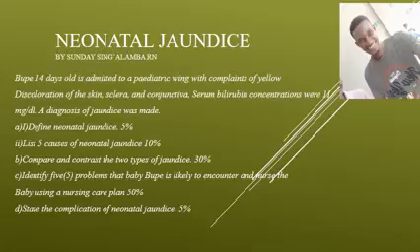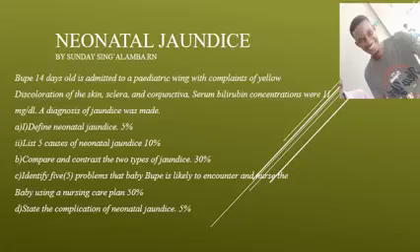We know that the conjugation of bilirubin takes place in the liver. After the conversion of biliverdin to unconjugated bilirubin has taken place, that unconjugated bilirubin has to be carried to the liver for conjugation. For it to be carried, it is usually carried on one of the plasma proteins.